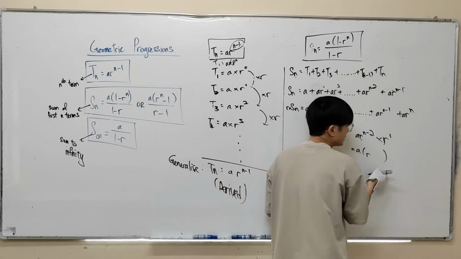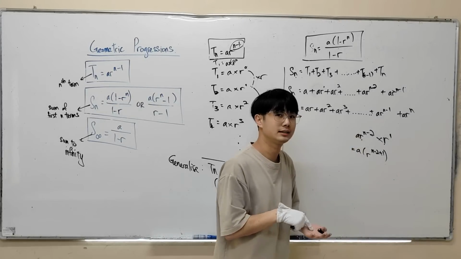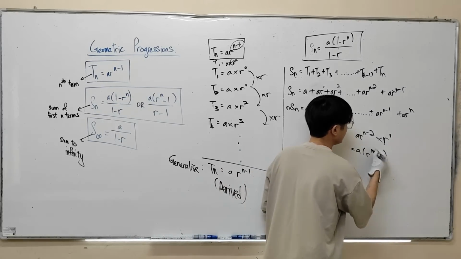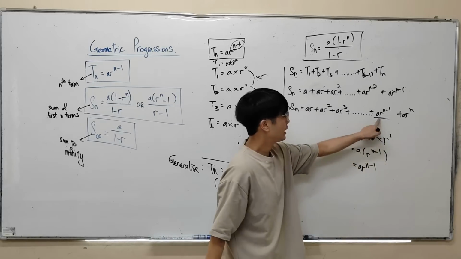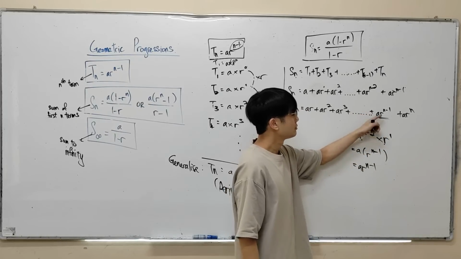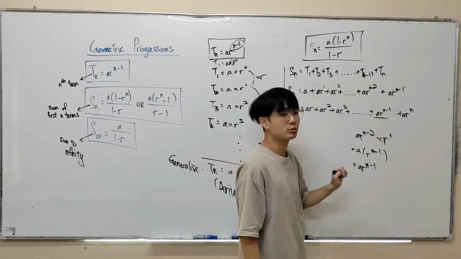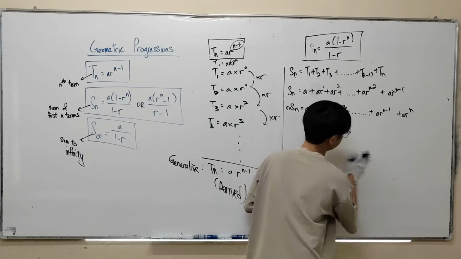Okay, and nothing here is power 1, so it becomes n minus 2 plus 1. And negative 2 plus 1, if you press calculator, you will get negative 1 here, right? That's why it becomes ar power n minus 1, which is exactly what I write here, ar power n minus 1, right? So this is why I write ar power n minus 1 here. Because of this, okay? So I hope you understand. Now I'm going to erase this.